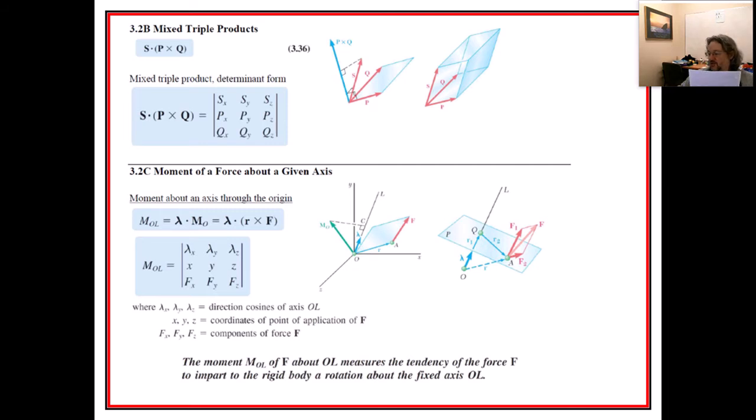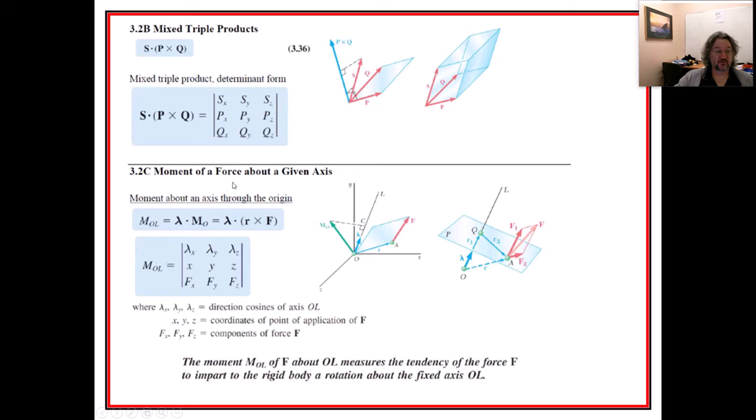So if you want the volume of an oddly shaped prism, we can get that with the mixed triple product. I don't know when that comes up very often, but maybe it does. Maybe it just hasn't come up in my life very often.